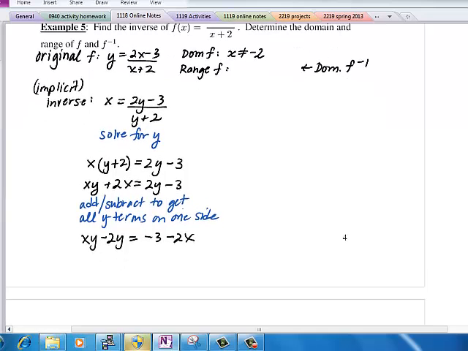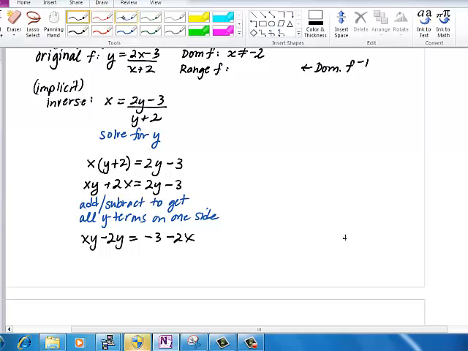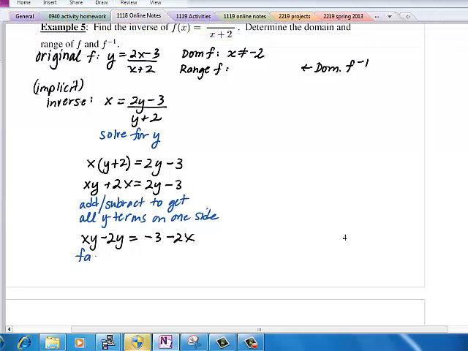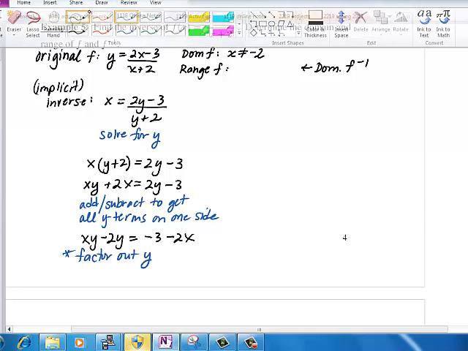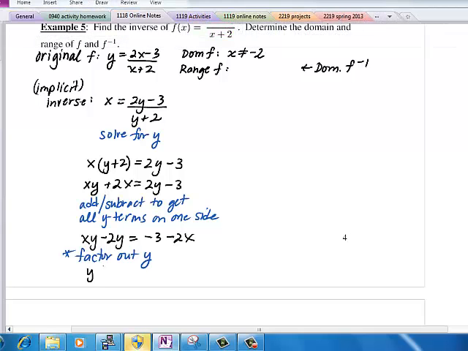The reason I want to add and subtract to get all the y terms on one side is so that I can then factor out the y. And that's the key to getting y all by itself on one side. So now I can factor that y out, and I have y times the quantity (x minus 2) equals negative 3 minus 2x. And then I'm able to divide both sides by x minus 2.